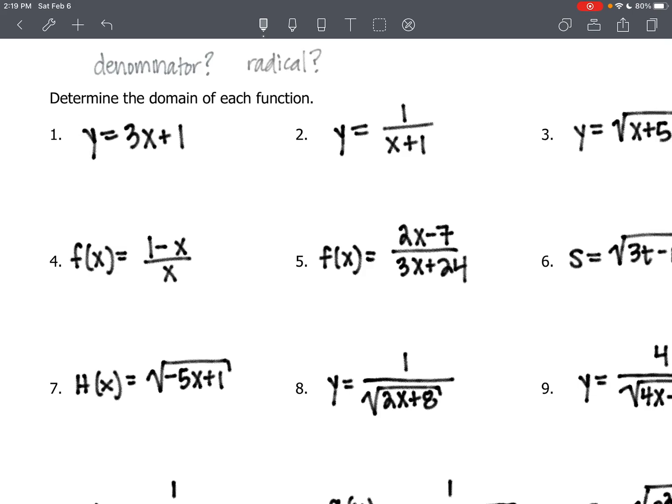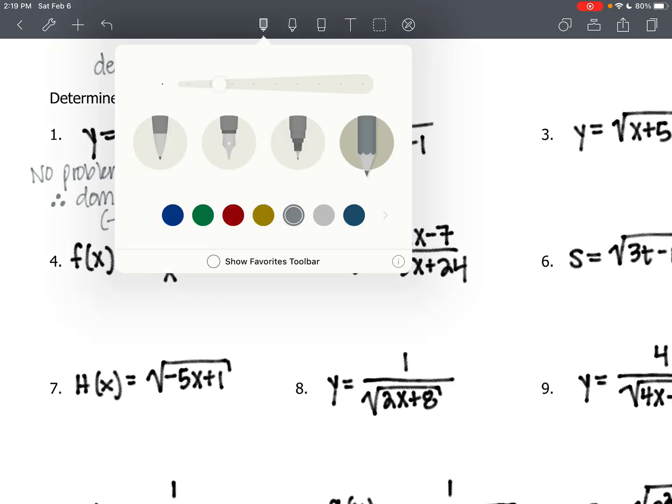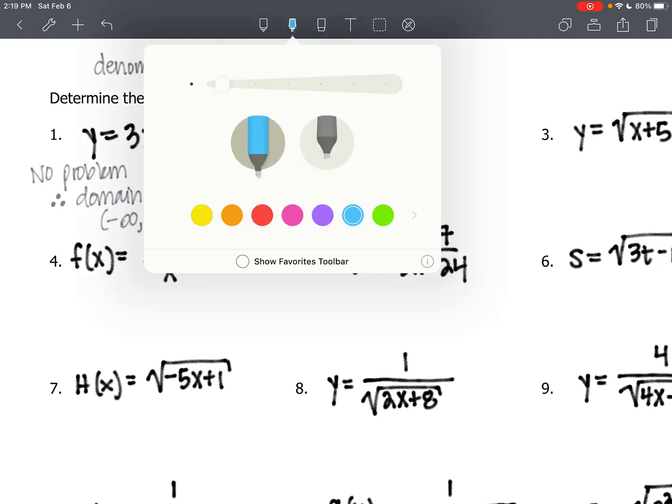If it has no denominator, no radical, remember, it has no problem. Therefore, there's no problem. The domain is all real numbers. And how we're going to say all real numbers is negative infinity to positive infinity. Let me highlight that. I'm going to be highlighting my answers in, let's highlight them in purple.